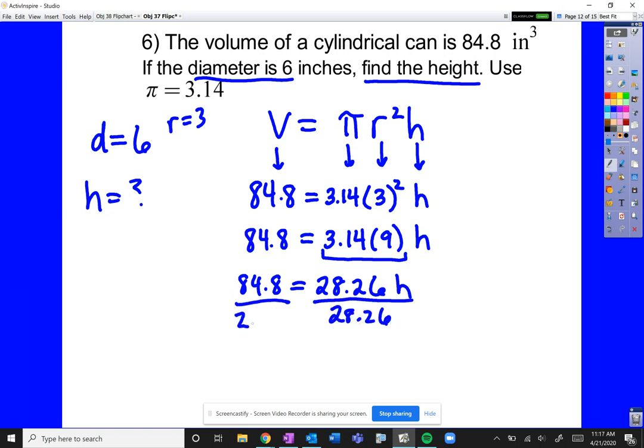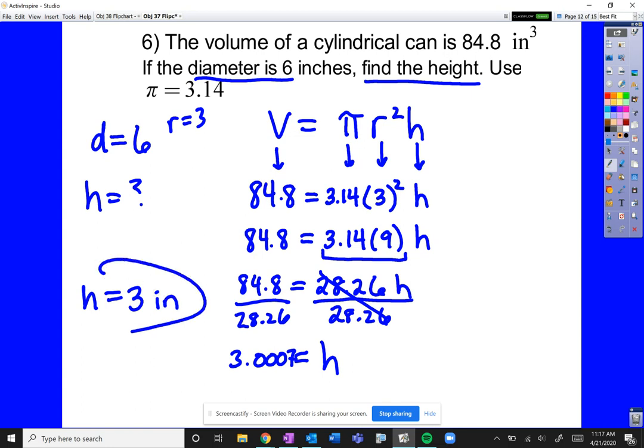We divide. Anything divided by itself cancels. Now we do 84.8 divided by 28.26, 3.0007, which is pretty close, really close to 3. So our height must be 3. Again, in inches because it's just a measurement.